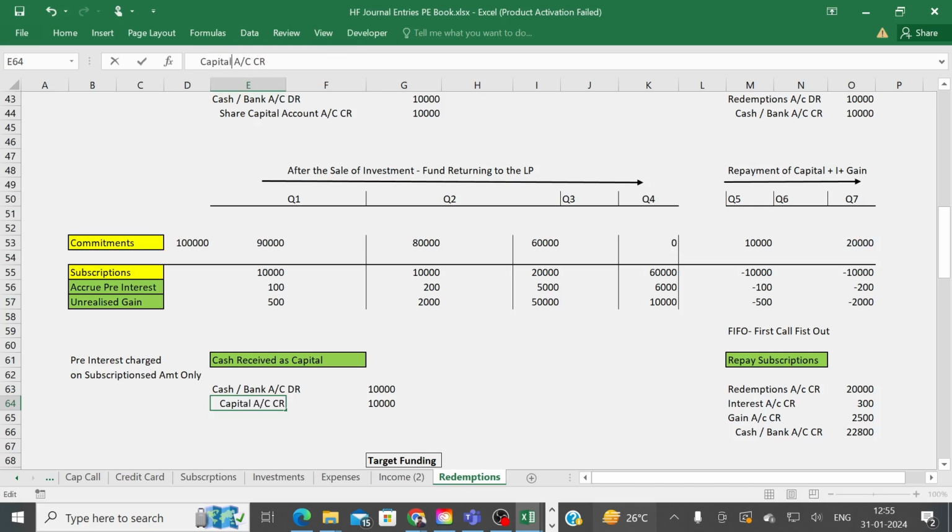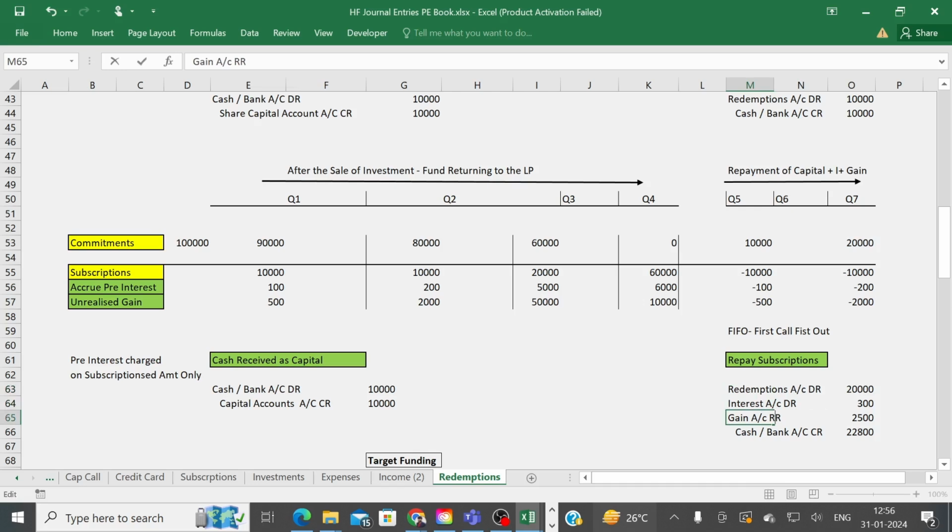Capital account credit, basically. When you receive capital, cash account debit to capital account credit. But when you actually repay, meaning redeem the investments, first in first out, you can request to redeem it. So redemption account debit, and interest and all that you can also record to the debit.